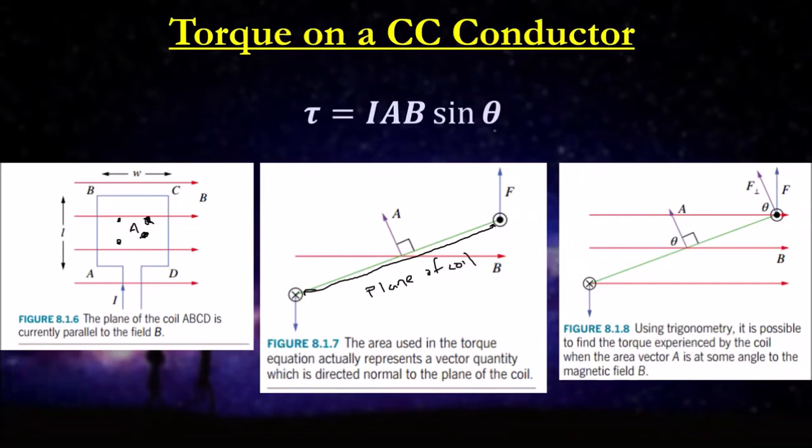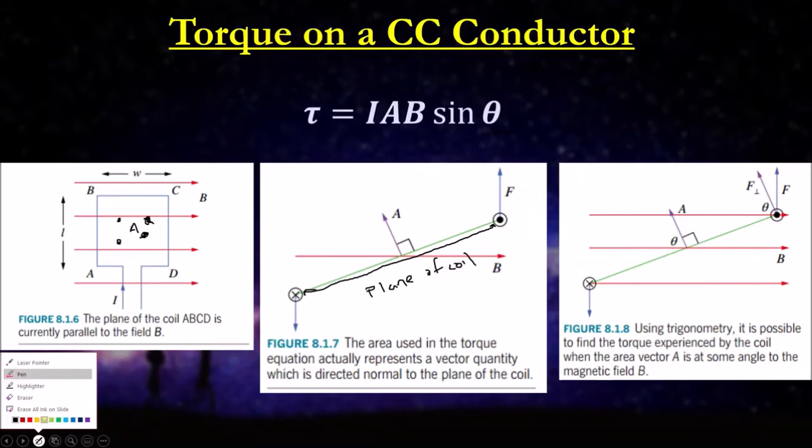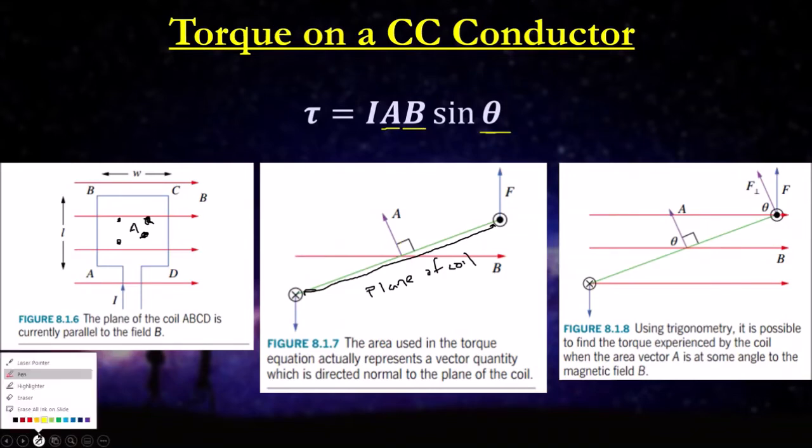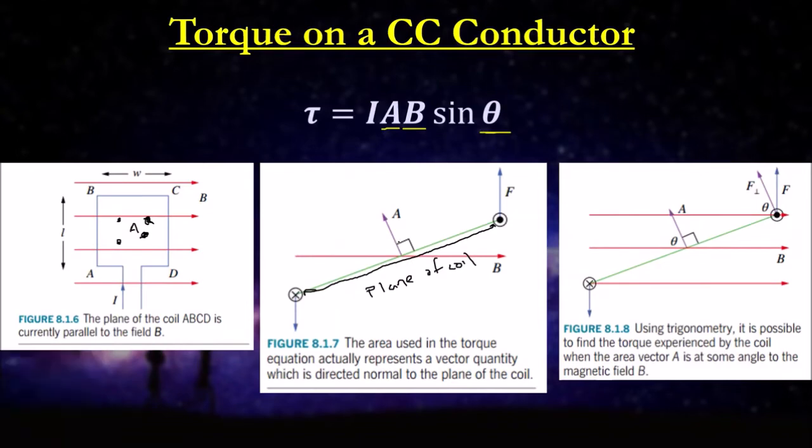Now sine theta is what angle is created between A, the area vector, to the magnetic field B. So it's always going to be 90 degrees. The area vector is always 90 degrees to the plane of the coil. So we can disregard this part here.